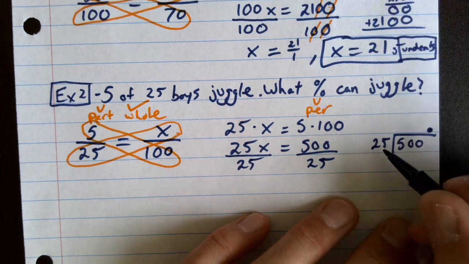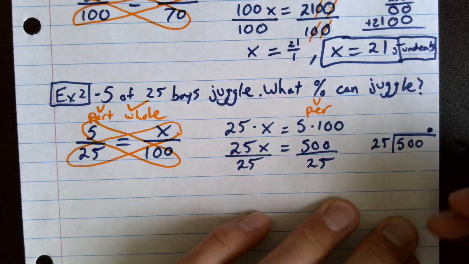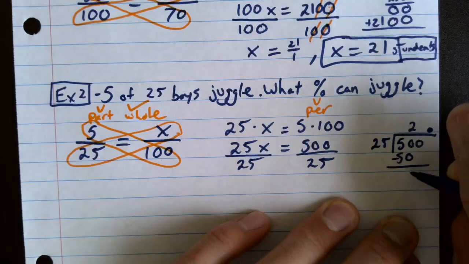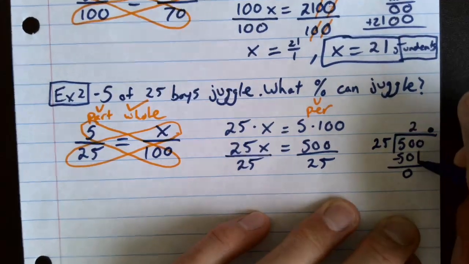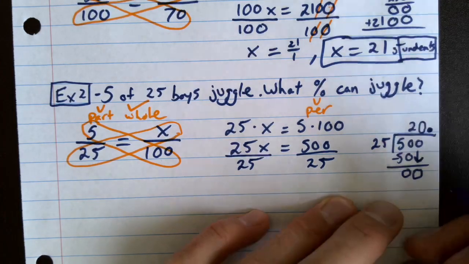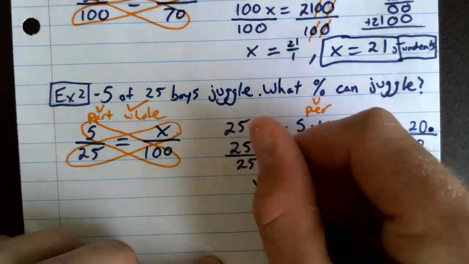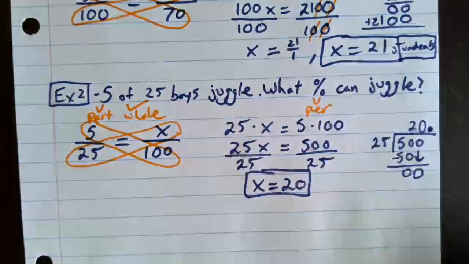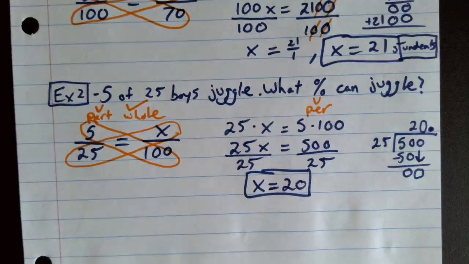Well, it can't. How many times does 25 go into 50? That's 2 times. 25 times 2 is 50. Subtract and you have 0. Bring down that 0, and bring it right back up to the top. So your answer is x equals 20.